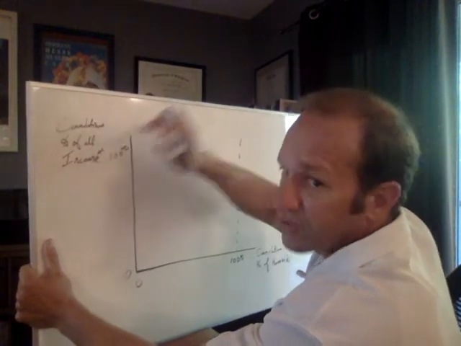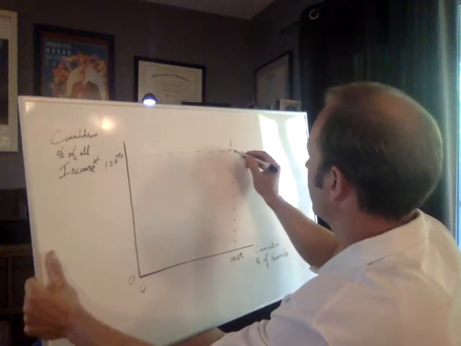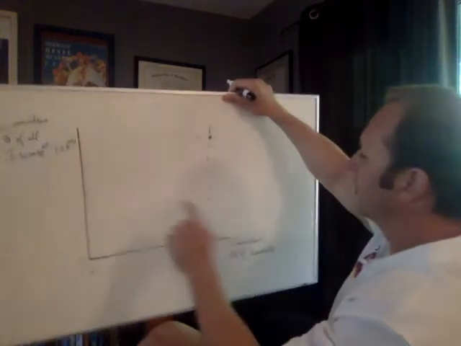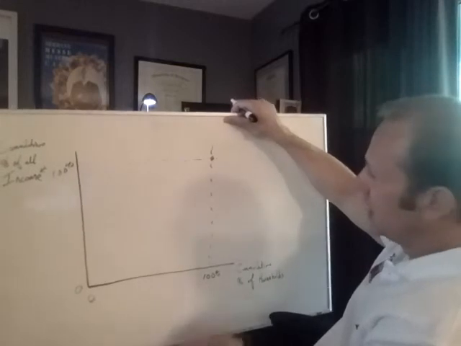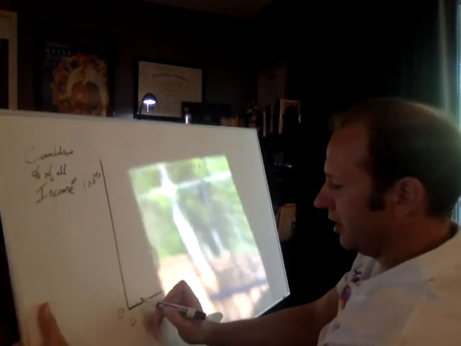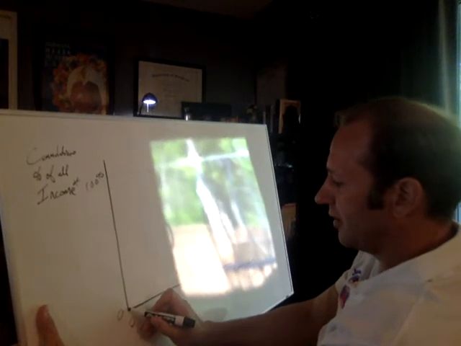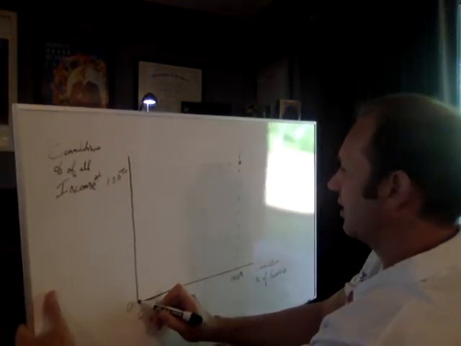It's the cumulative percentage of all income. So it's right here, this is all of the income earned by all of the households. And so if we think this through, then 50% of households might earn half the income, or 20% might earn 20% of the income, and so forth.